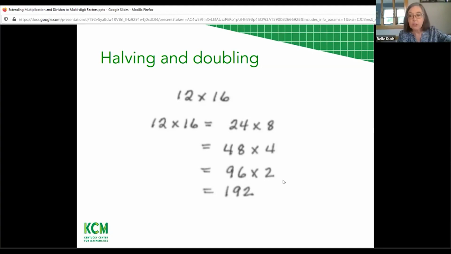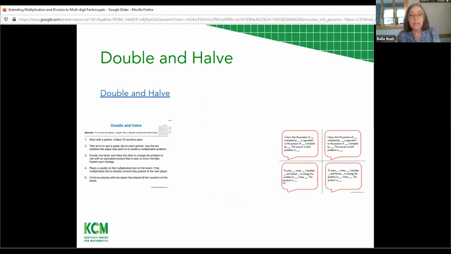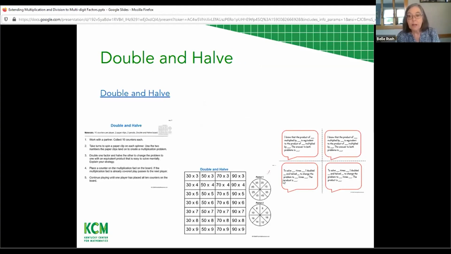And I've also included in your packet hard copies of these games too. This game is also from K5 Math Teaching Resources, and it's using that strategy, halving and doubling. It's got your direction sheet and your game board.